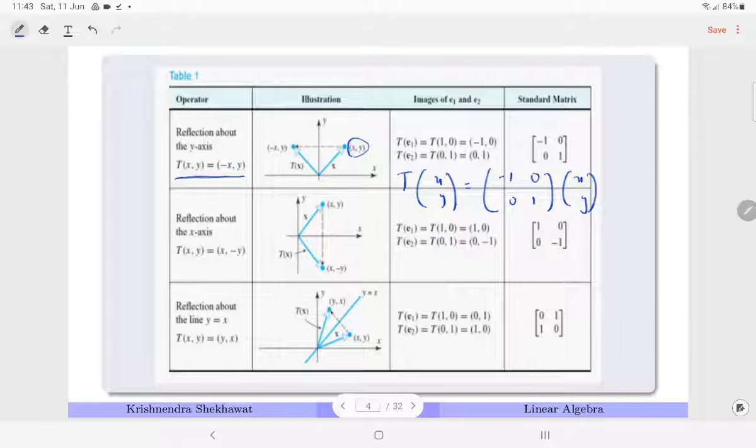So we are applying a map T on (x, y), and on the right hand side we are multiplying a matrix to (x, y) that gives us the required transformation.